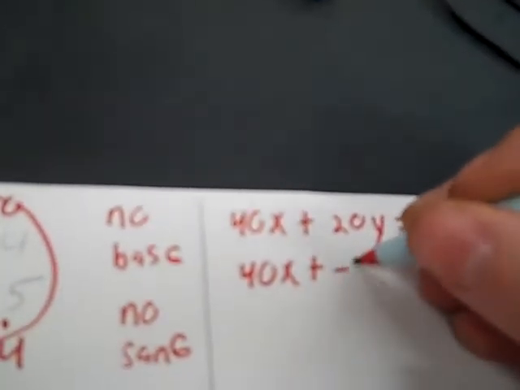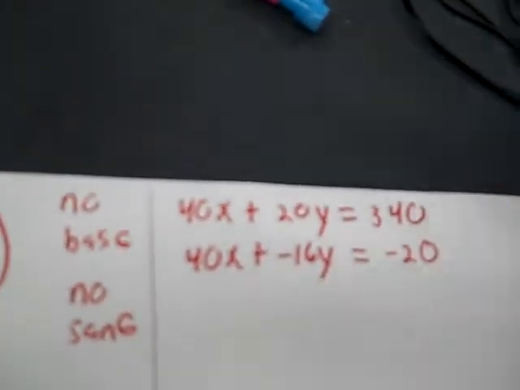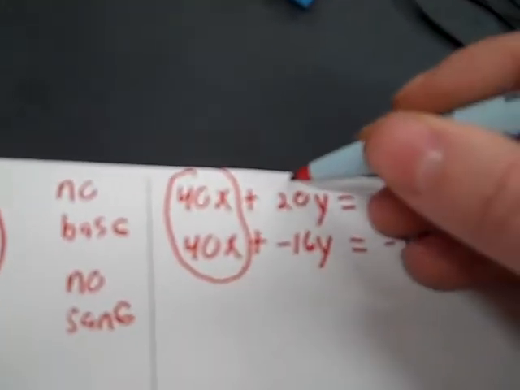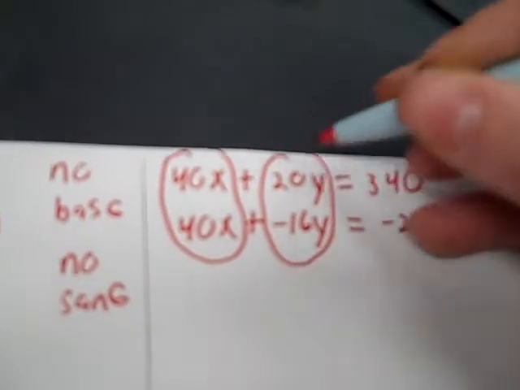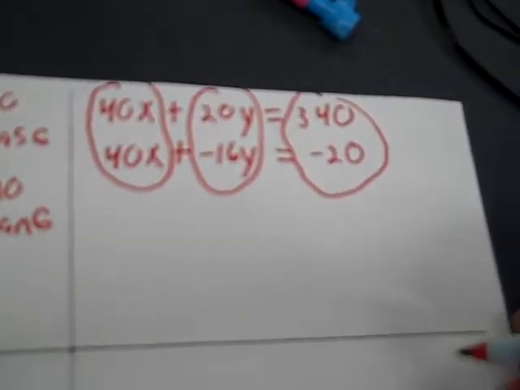Negative 4 times 4 is negative 16 with y equals. And then negative 5 times 4 is negative 20, okay? So now I try the circles again, okay? So 40x and 40x, 20y and negative 16y, and then 340 and negative 20.